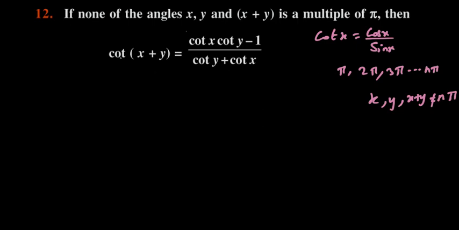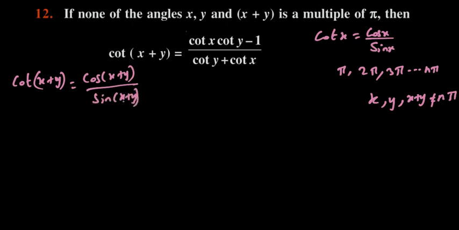So first let me write cot of x plus y. Cot of x plus y is nothing but cos of x plus y divided by sin of x plus y. So we know these two identities, so let me substitute here.